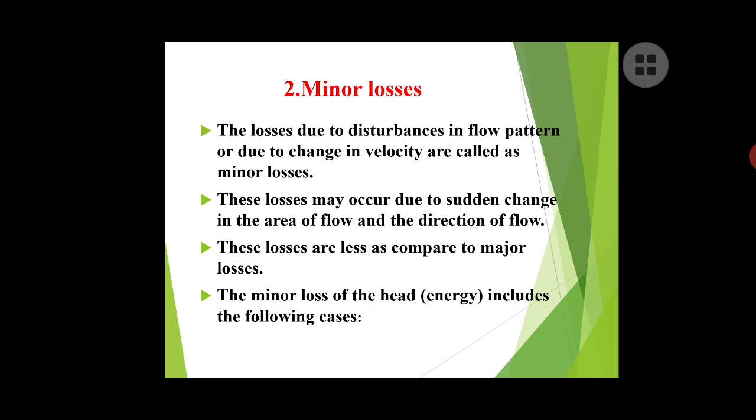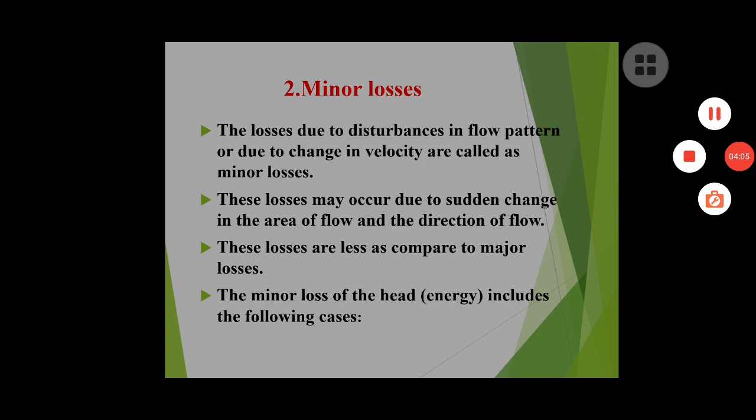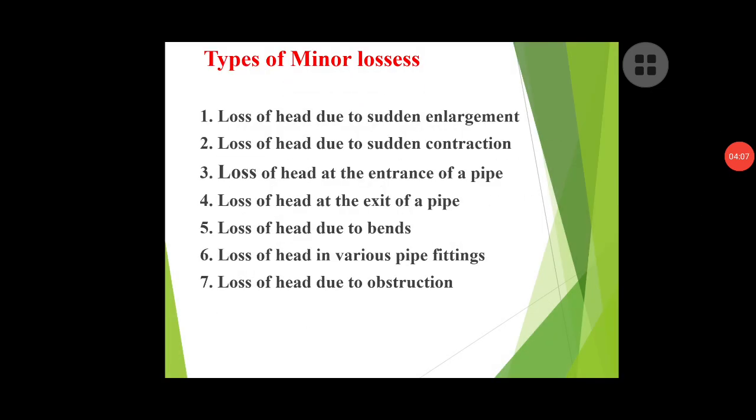So let's see the next. Types of minor losses: the loss due to sudden enlargement, loss due to sudden contraction, loss of head due to entrance of the pipe, loss of head due to exit of the pipe, loss of head due to bends, loss of head due to pipe fittings, and loss of head due to obstructions.